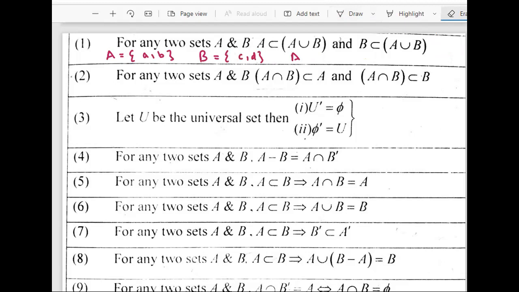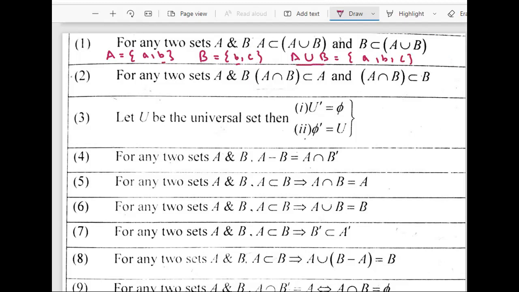Let me just write down something common as well. Let's say in B, I have B and C. When I say A union B, what am I going to get? A, B, and C. I will not write down this B twice because it is common. I will have A, B, and C in A union B.